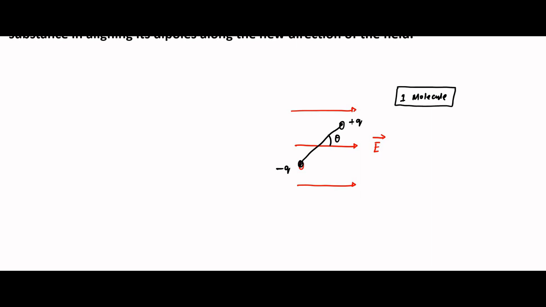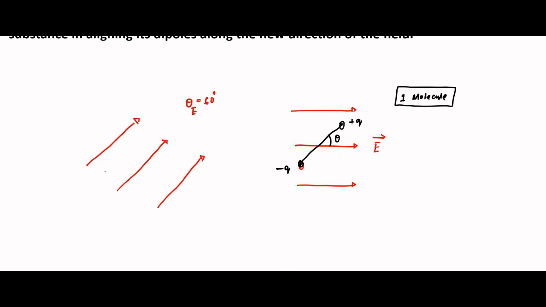Now it is given that the direction of the electric field is suddenly changed by an angle of 60 degree. It means the dipole will also get rotated, as the direction of the electrostatic field changes. Whatever angle it makes, this is the angle of rotation of the electric field.